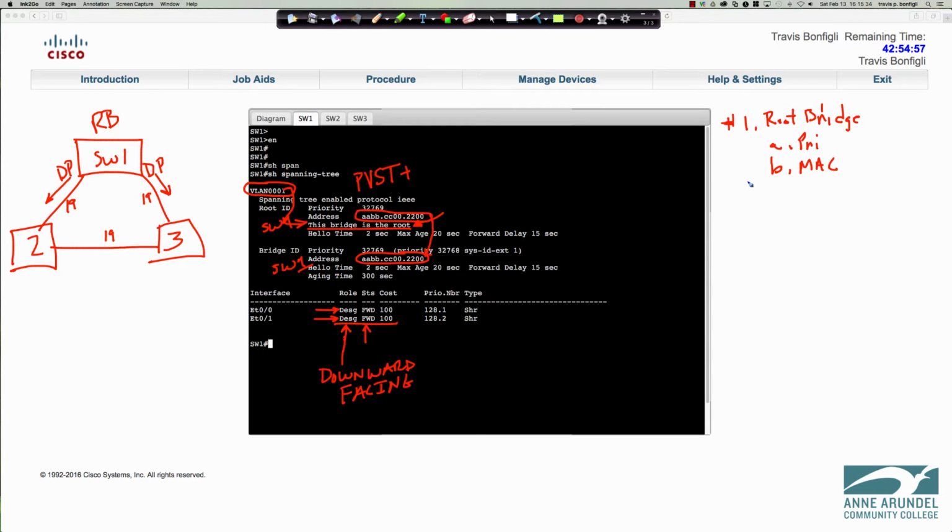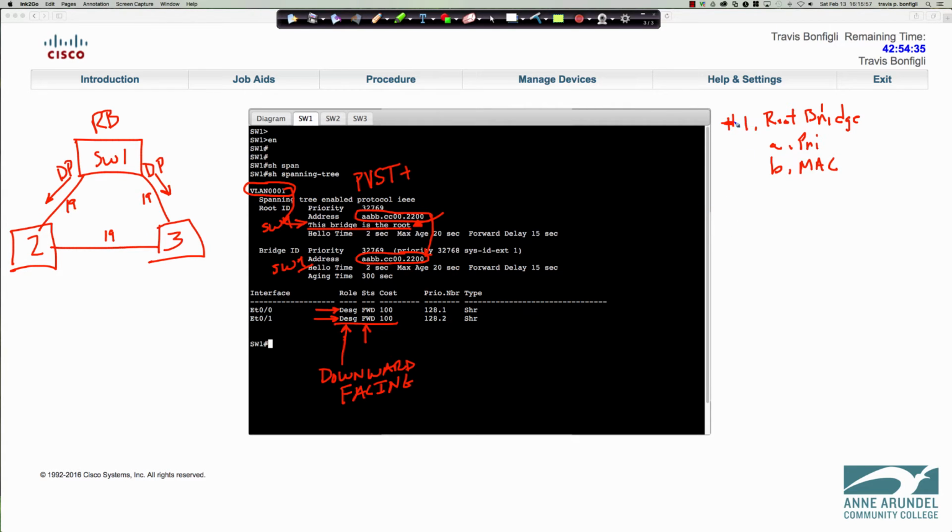Now, there can be ties along the way. You could have the same root path cost. You could have the same upstream bridge ID. But ultimately, there will never be a tie, because you'll get down to a port number, the upstream port ID. And again, we're going to get to that.